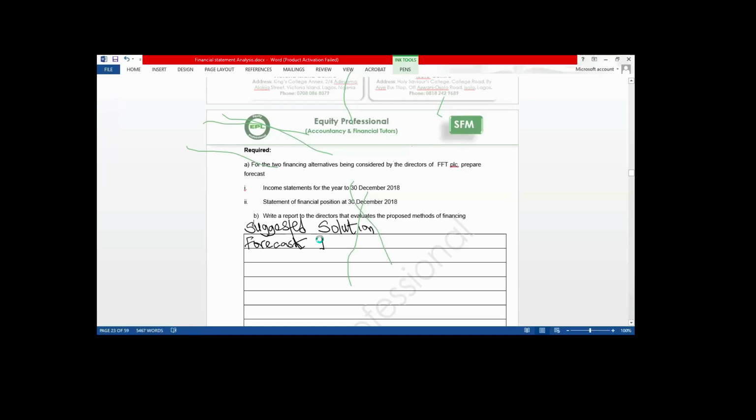Forecast income statement, 2018, 2017. 2017 is given to us. For 2018, we want to forecast the income statement if financed by rights issue.